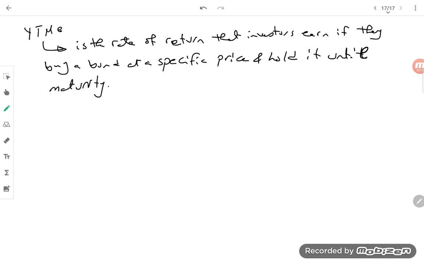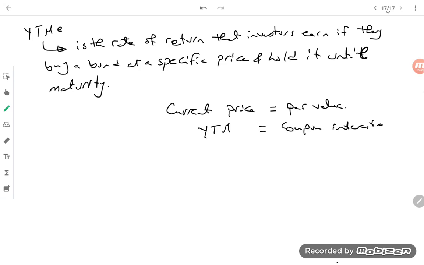The yield to maturity on a bond with the current price equal to its par value will always equal the coupon interest rate. So this means that if the current price equals par value, yield to maturity is equal to the coupon interest rate. If the bond value differs from par value, the yield to maturity will differ from the coupon interest rate.